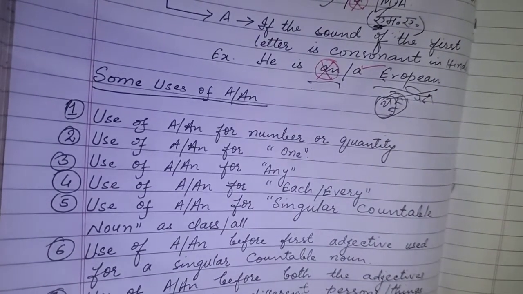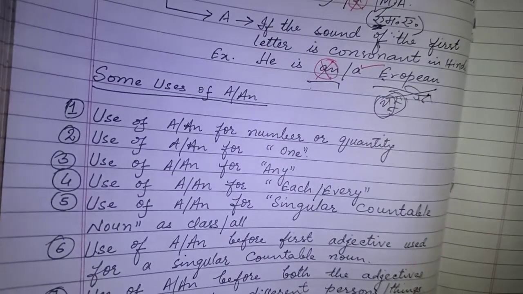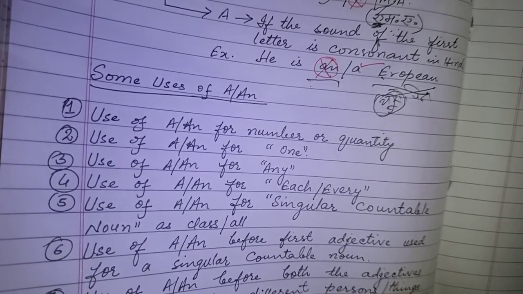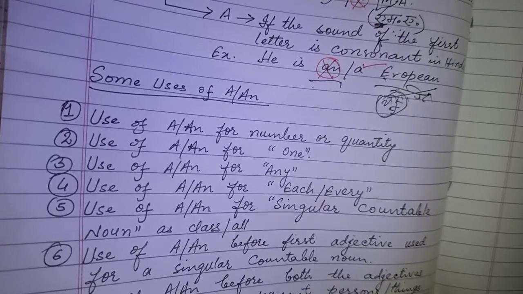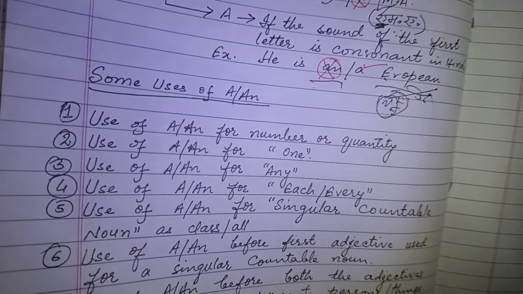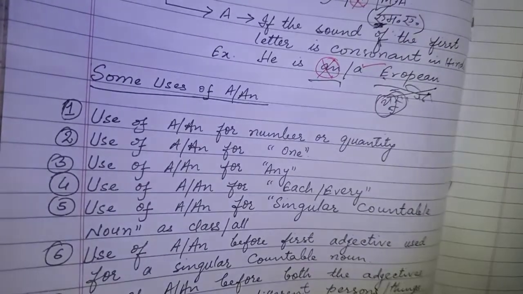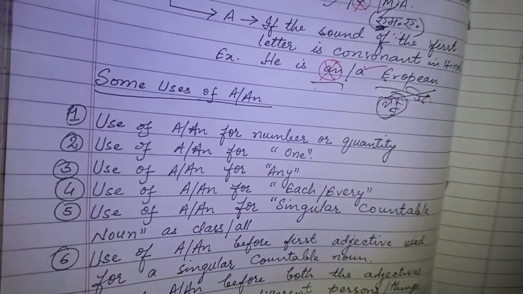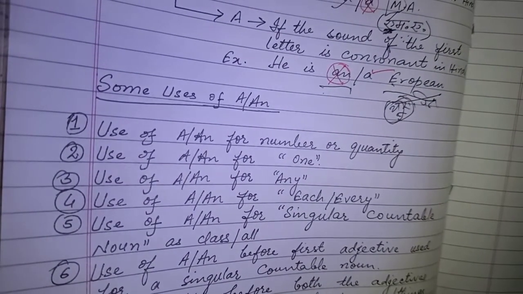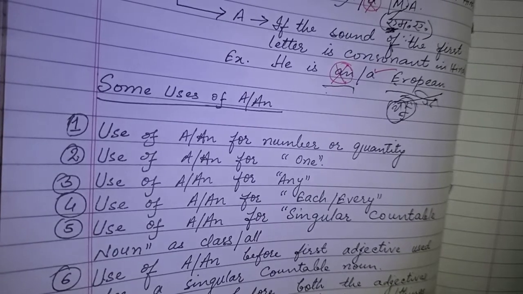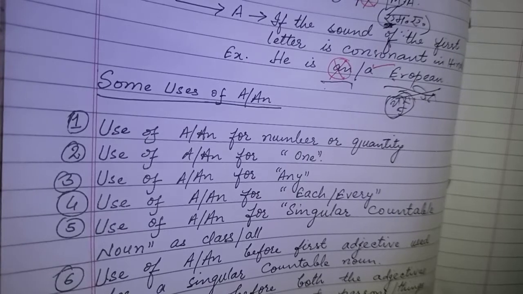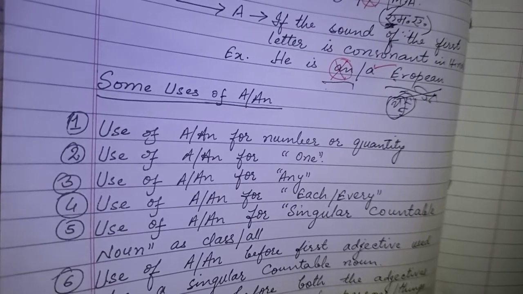A or an is used before the first adjective for a singular countable noun. What does it mean? It means if there is written a black and white goat, black and white both are added by and.